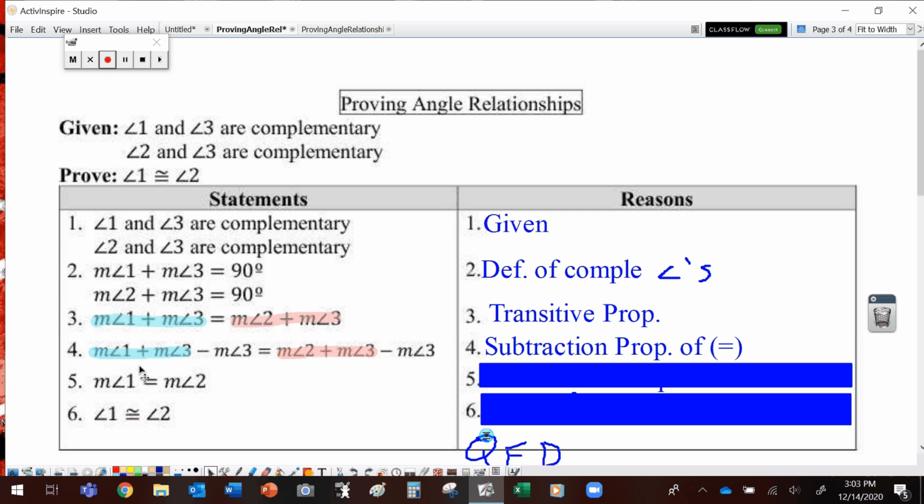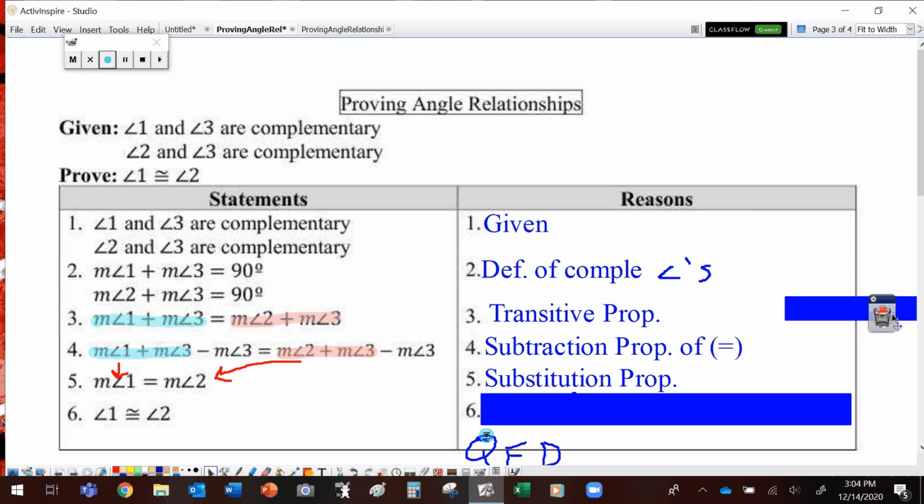Okay, then what changes is measure of angle 3 minus measure of angle 3 goes away, and I just have measure of angle 1. And then measure of angle 3 minus measure of angle 3 goes away again, and I just have the measure of angle 2. So what allows me to simplify that subtraction is the substitution property. And then finally, I change from an equation to a congruent statement.